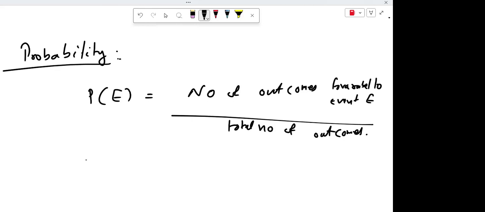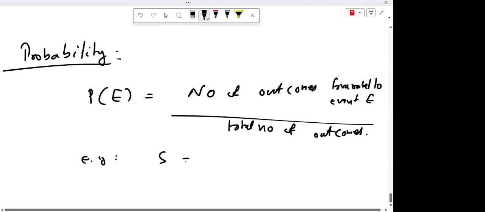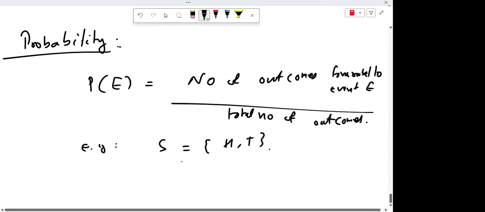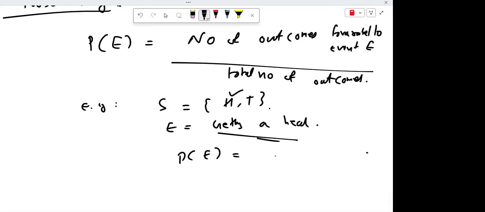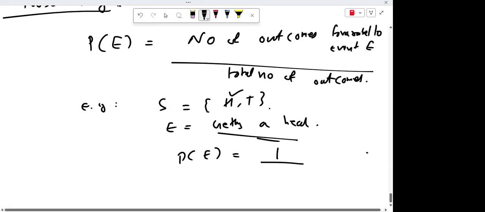For an example, sample space is head, tails for a coin, and suppose event is getting a head, then probability of getting a head. How much number is there? H, that is 1, upon total number of outcomes is 2, so 1 by 2. Okay. Yes, sir.